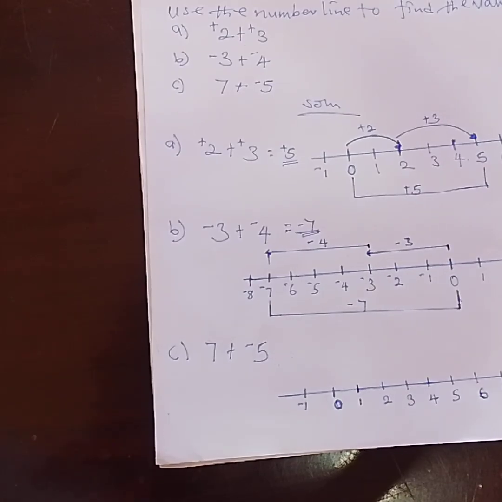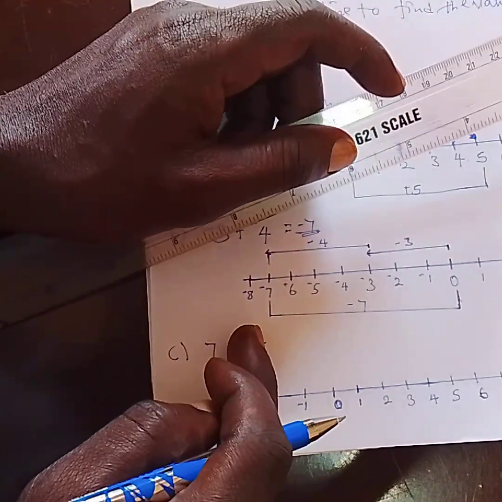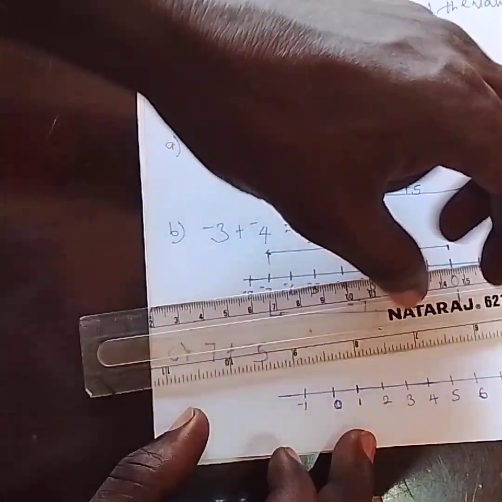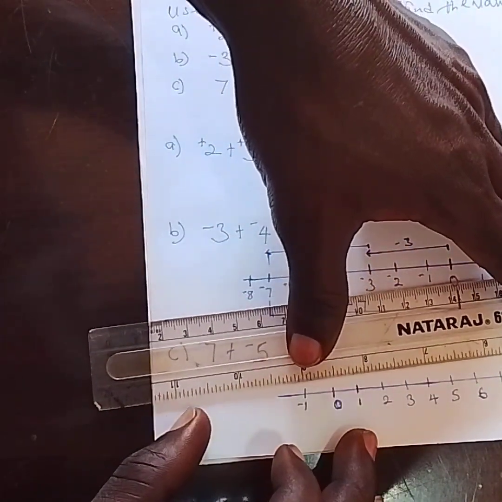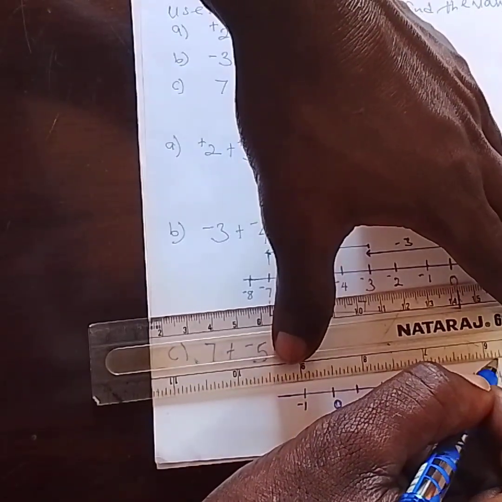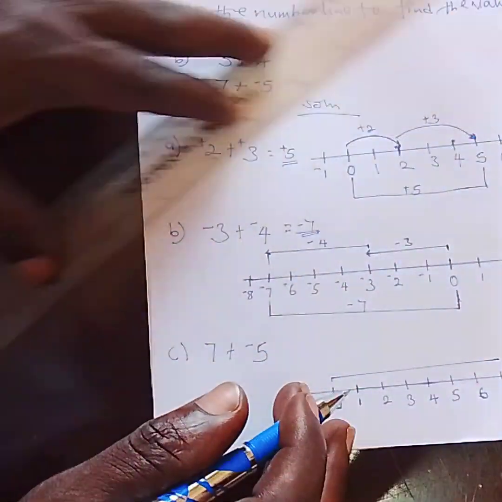Now we are going to do the first one. We have a positive plus a positive. First of all, we are going to go up with our positive up to +7.